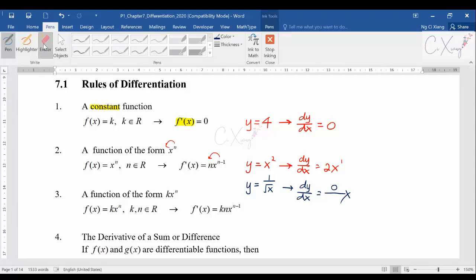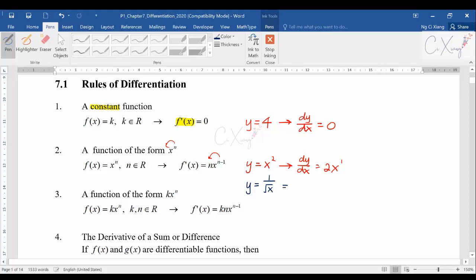So what is the correct way to do the differentiation here? First, you need to change it to x power n form. Square root x means x power half. Then it is at the denominator, so when you bring it up, it becomes x power negative half. So y equals x power negative half.